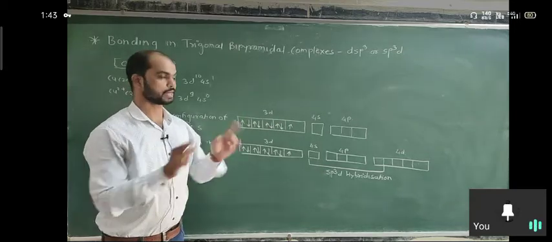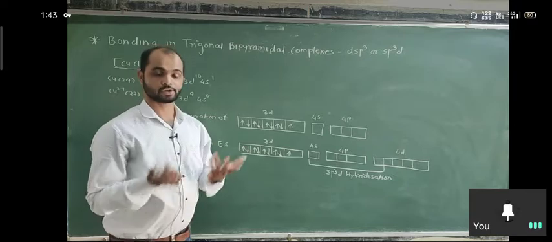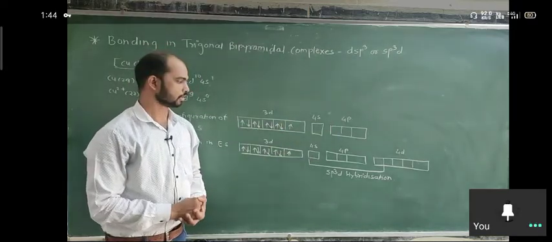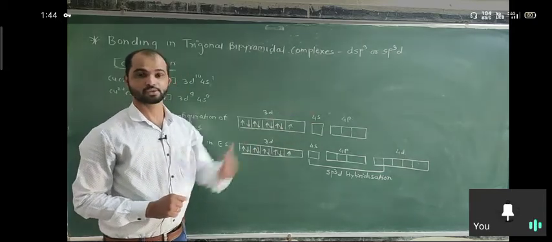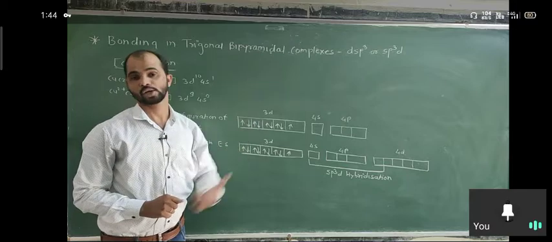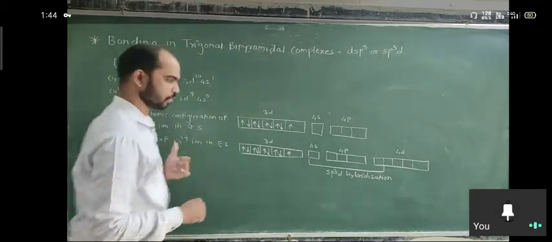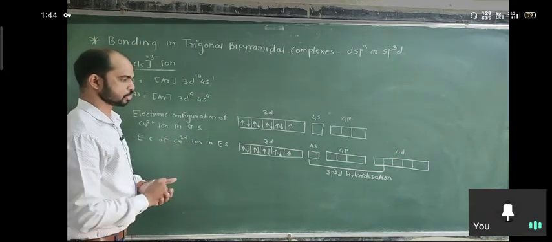Okay, so pentagonal bipyramidal is another geometry. For octahedral there is sp3d2 when 2 d's are used; sp3d when 1 d is used, 2 d's are used, 3 d's are used. So sp3d3 is also a hybridization for the pentagonal bipyramidal geometry. Okay, this is not included in our syllabus, but it is also possible.